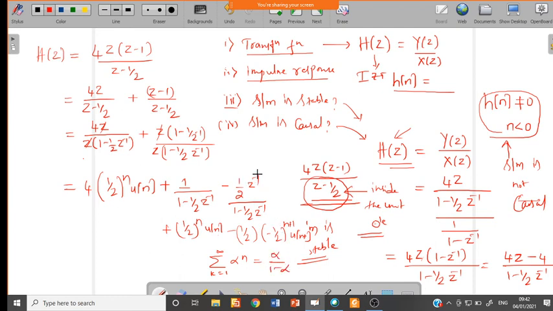This is in terms of z power minus 1 by 1 minus half z power minus 1. So half power n plus 1 into u of n plus 1. Since the signal is starting from n equal to minus 1, the system is not causal.